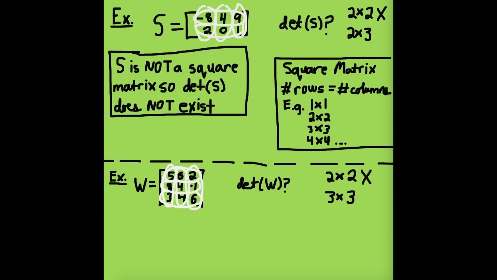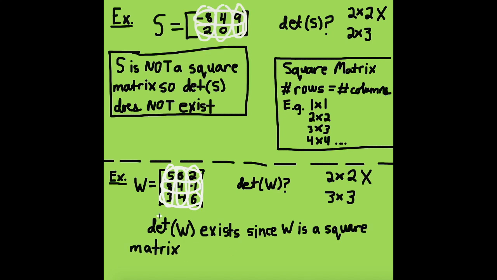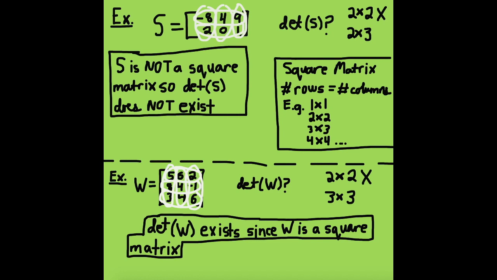For finding the determinants of 3 by 3 matrices, 4 by 4 matrices, 5 by 5 matrices, etc., we need to use other techniques. So the answer for this question is that the determinant for this matrix exists since it is a square matrix. It is a 3 by 3 matrix. But we do not know how to solve for the determinant yet.